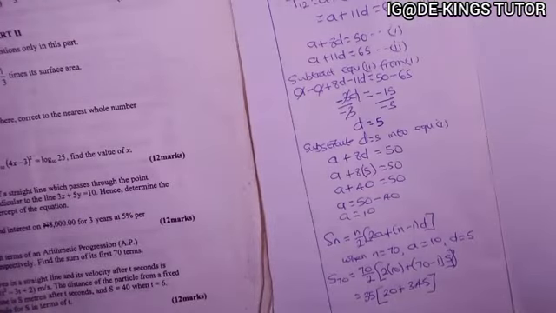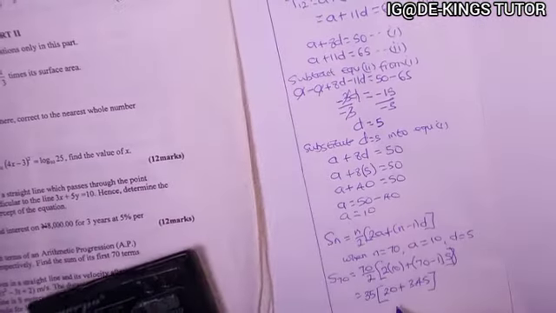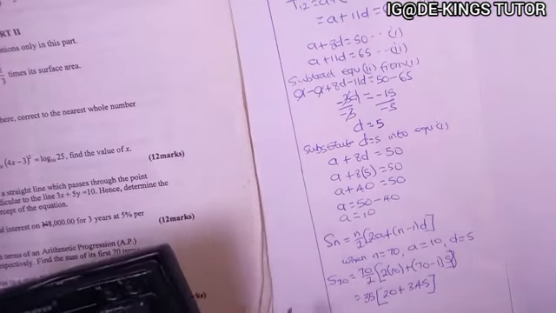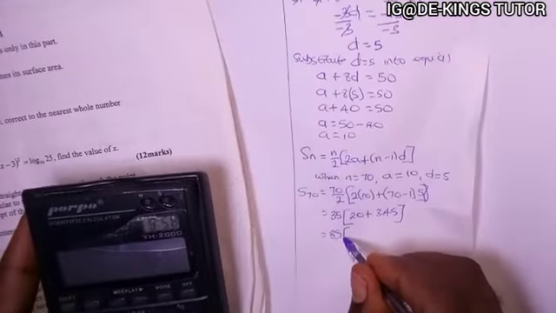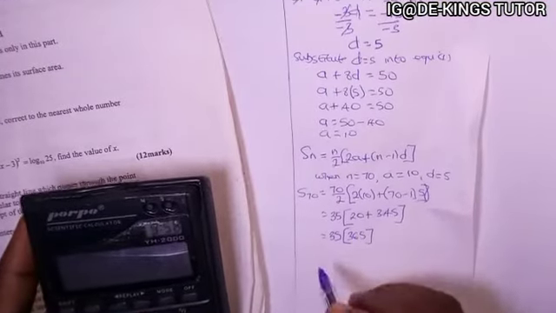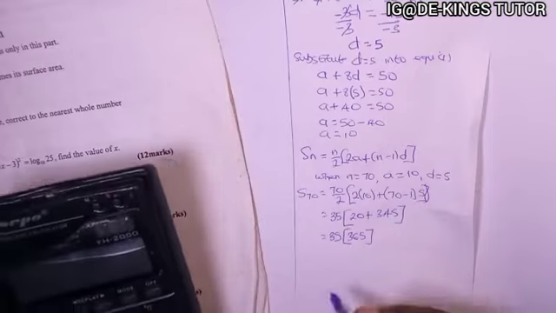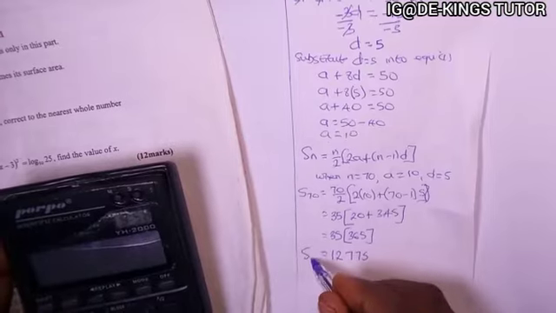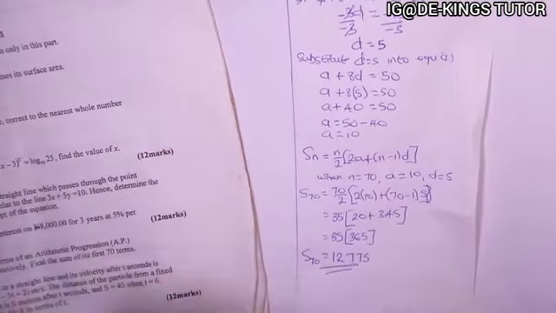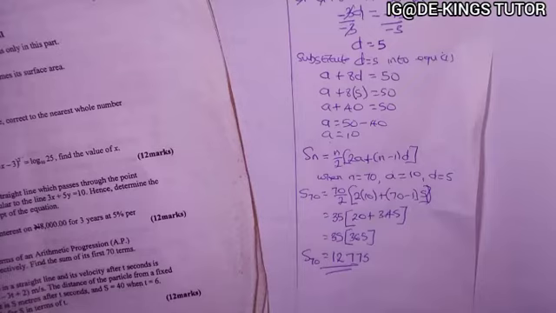So we now have 20 plus 345, which is 365. 365 times 35 will give us 12,775. So that's the sum of the first 70 terms. The answer for the sum of the first 70 terms is 12,775. That's one of the questions on sequence and series.